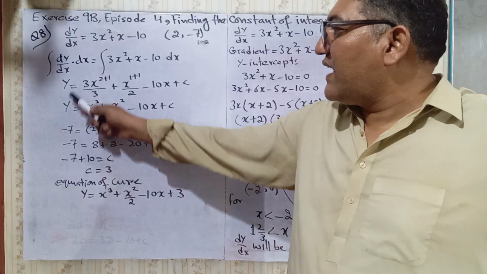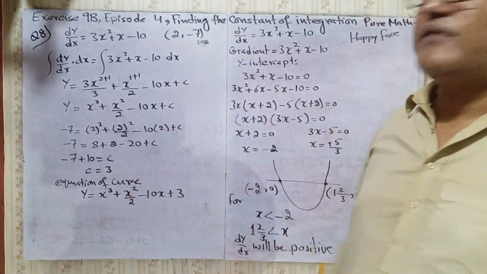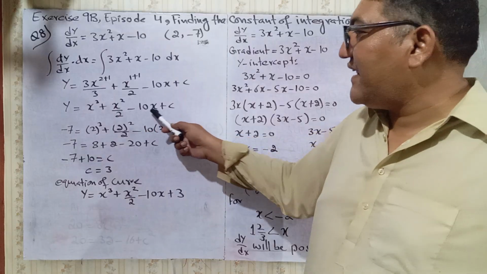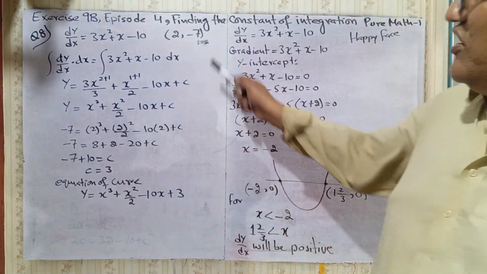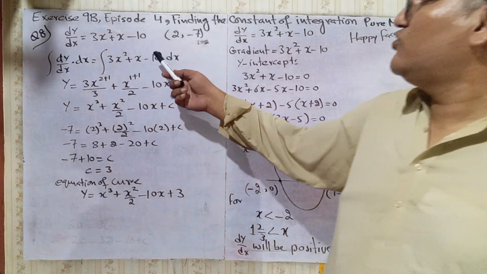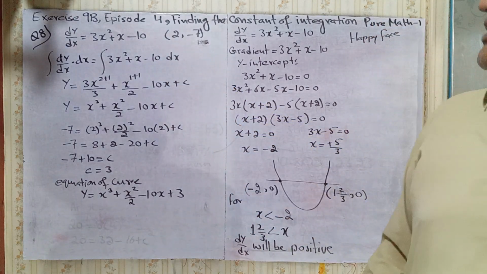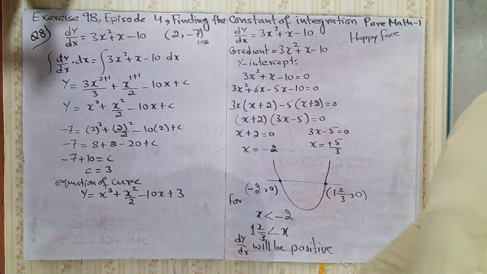So the 3 cancels, and y = x³ + x²/2 − 10x + c. Now because the curve is passing through this point, x is 2 and y is −7, so I will substitute x with 2 and y with −7.